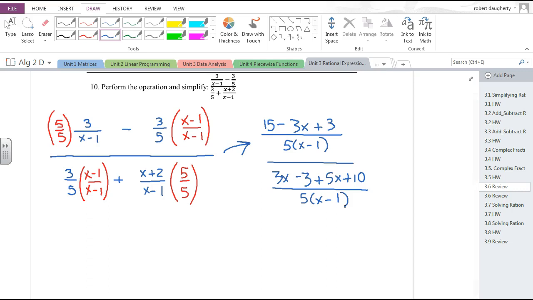So I get, what is this, 18 minus 3x over 5 times x minus 1.